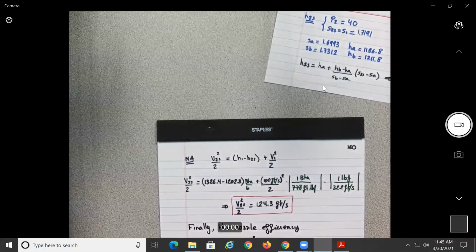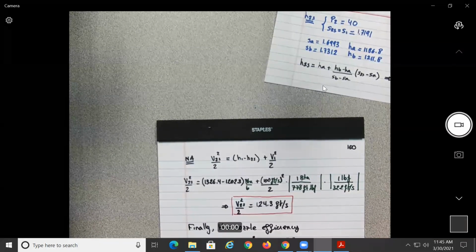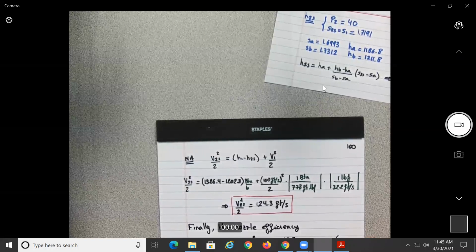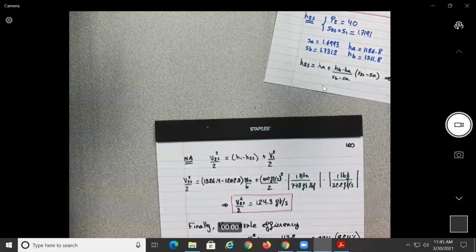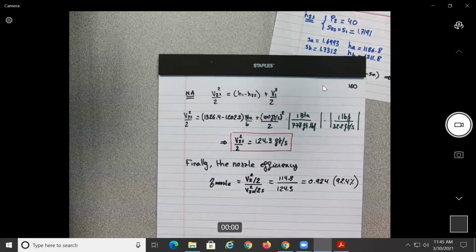So that gives us, what did we have before? 114.8 divided by 124.3, which gives you 0.924, which basically is approximately 92.4% efficient.